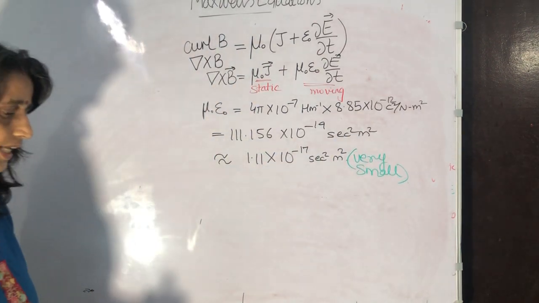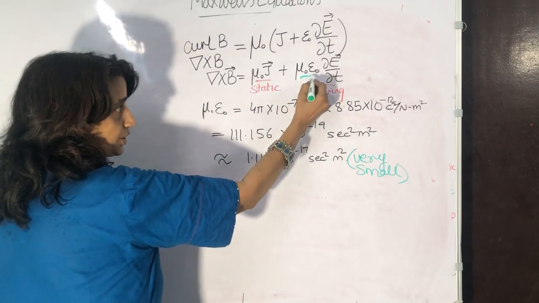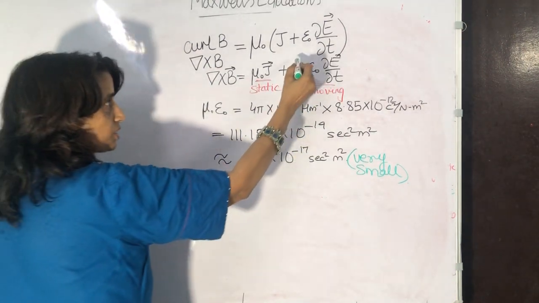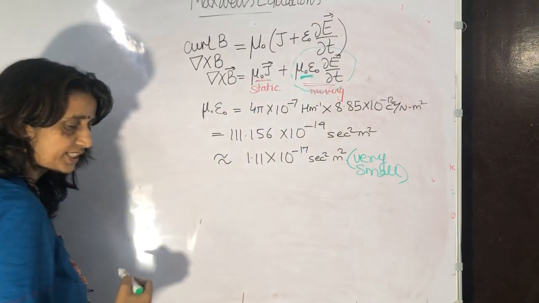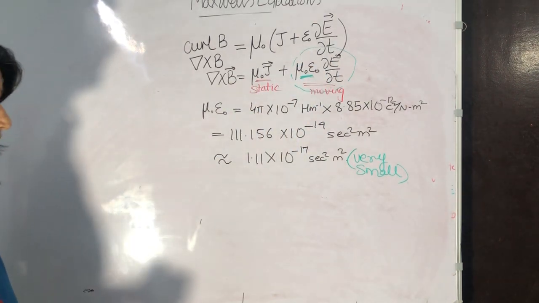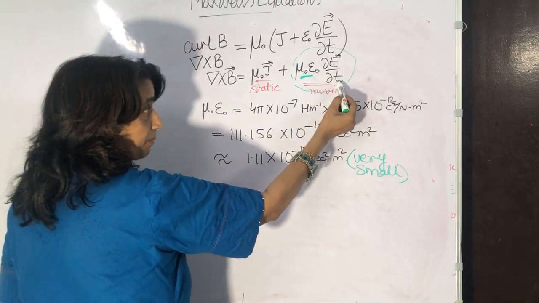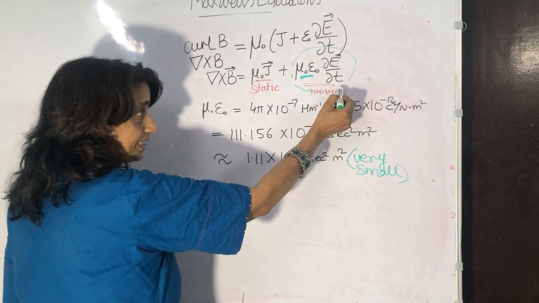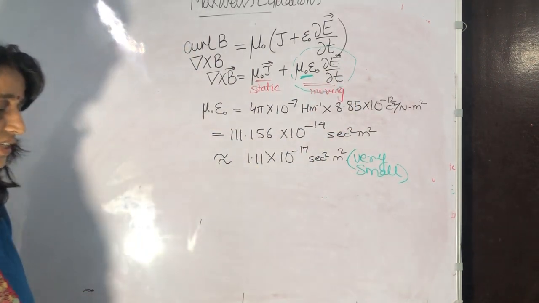That is why this quantity is very small, so this term is not really going to contribute significantly unless your del phi by del T, del E by del T, or the flux rate change is very large.